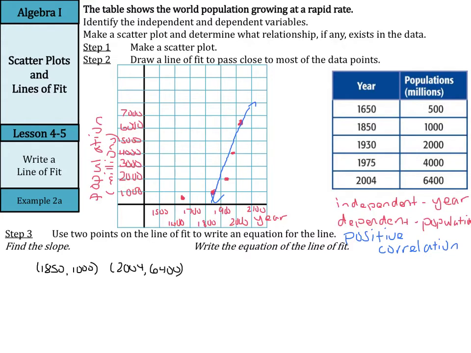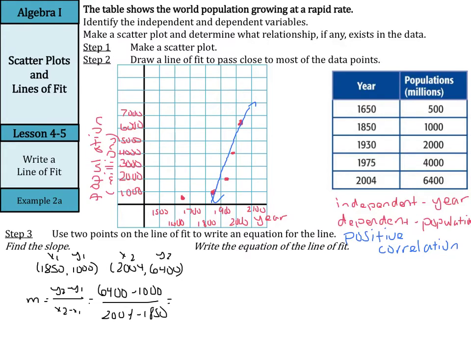And if I label x1, y1, and x2, y2, as I go to find my slope, remember, slope is y2 minus y1 over x2 minus x1.